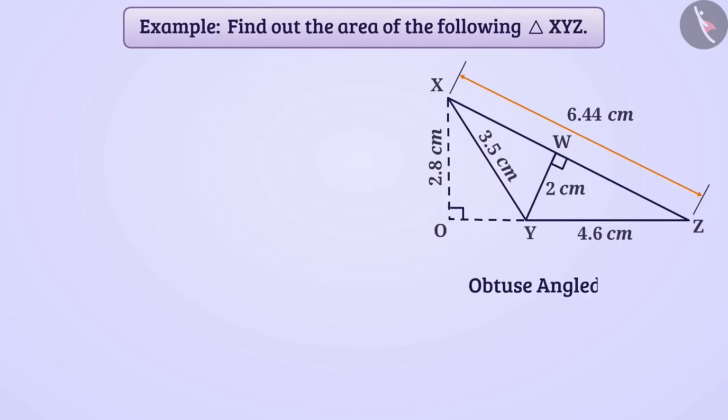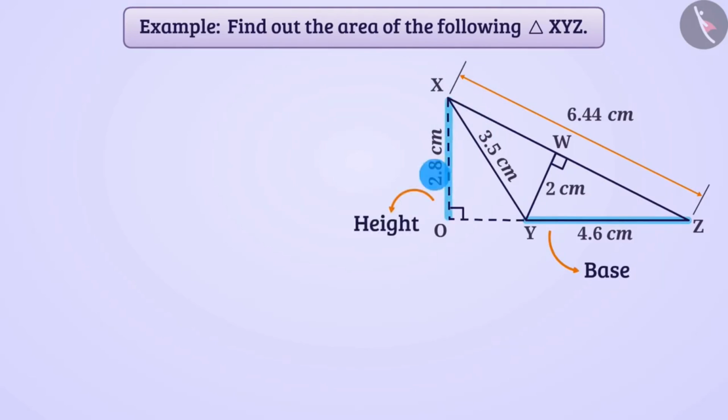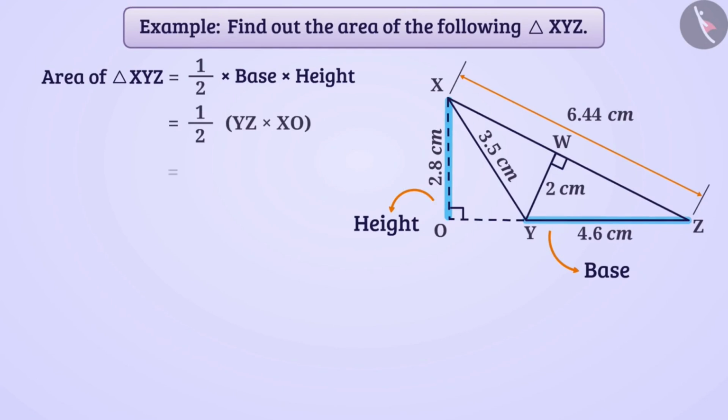In this obtuse angle triangle XYZ, the line segment XO is perpendicular on the side YZ opposite to the vertex X. If we consider YZ as the base of the triangle and XO as the height, where XO is equal to 2.8 cm and YZ is equal to 4.6 cm, so the area of triangle XYZ will be equal to half multiplied by base multiplied by height, which is half YZ multiplied by XO, that is half 4.6 centimeter multiplied by 2.8 centimeter.